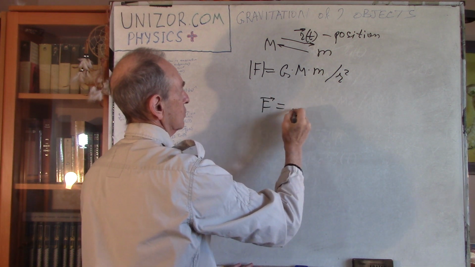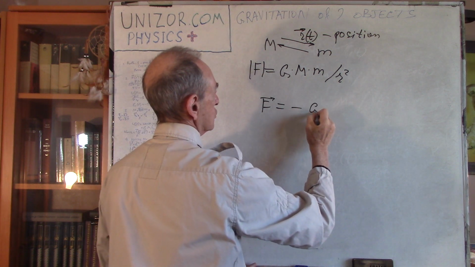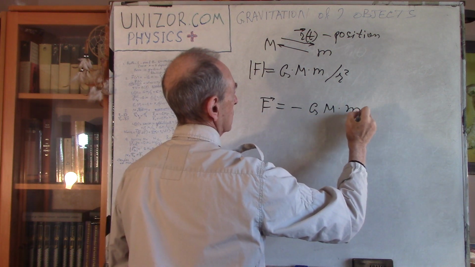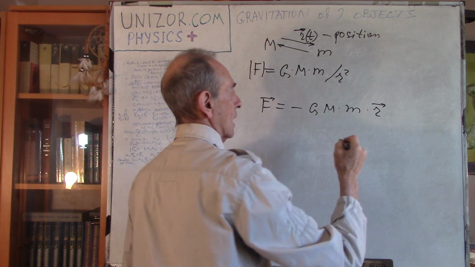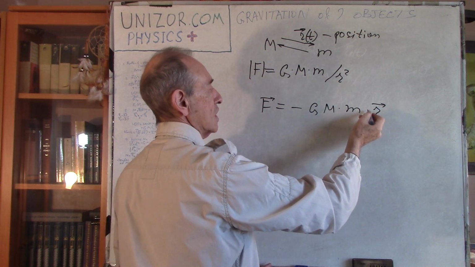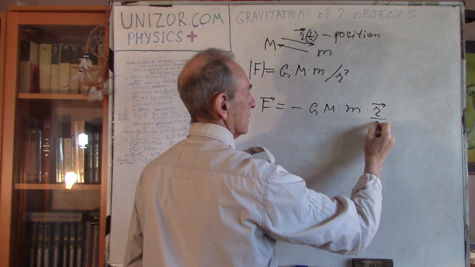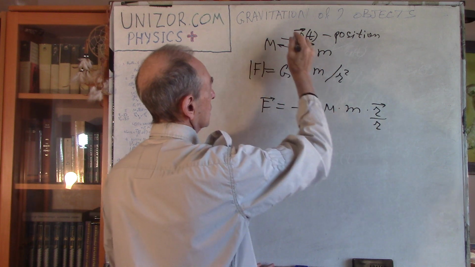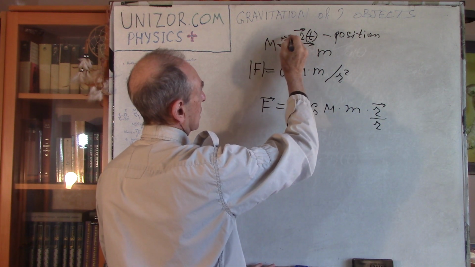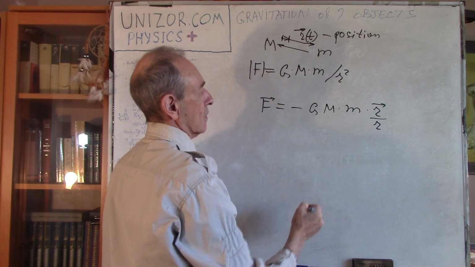To express it, F is equal to minus G M m, and I will multiply it by vector r. Now, to neutralize the change in the magnitude, I will divide it by the magnitude of r. That will be my unit vector in that direction.